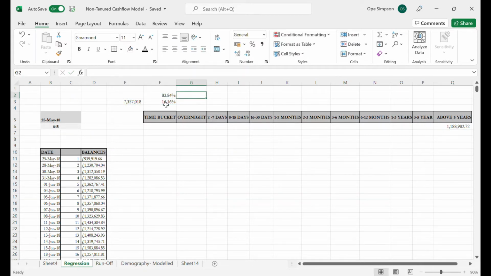Now, if I want to be lazy, what I can do in allocating this is just count the number of other time buckets we have and allocate it all evenly.